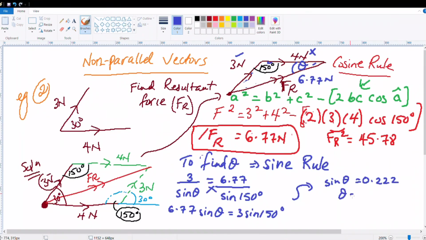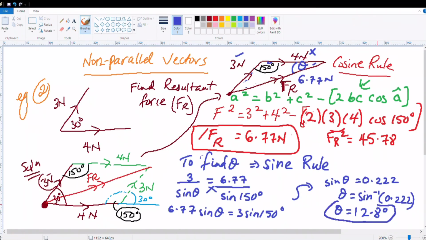So theta is sine inverse of 0.222, so theta ends up being 12.8 degrees. You are also allowed to put it as 13 degrees because the error in reading a protractor is plus or minus 1 degree. But I'm leaving it as is for now.